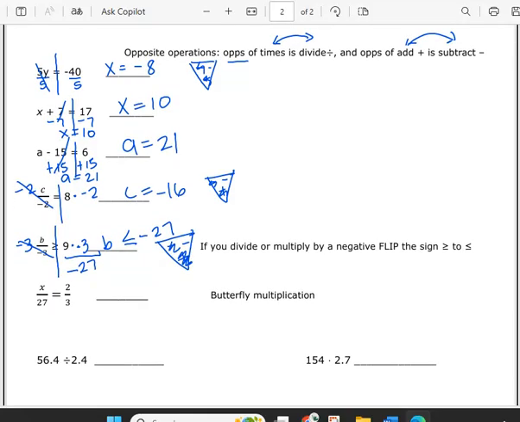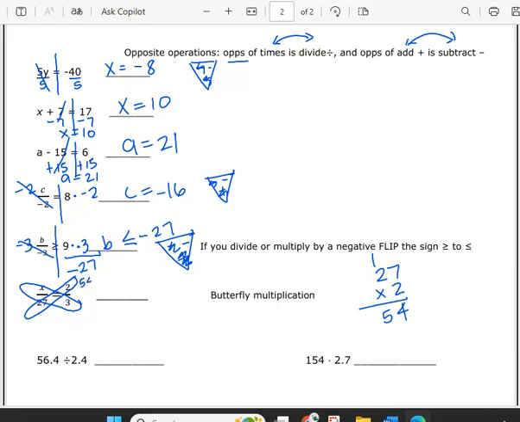Next one is just proportion. Just to remember how to solve this proportion, you have two choices: multiplication butterfly, cross multiplication, cross products. 27 times 2, 14, carry 1, 2 times 2 is 4, plus 1 is 5, 54.